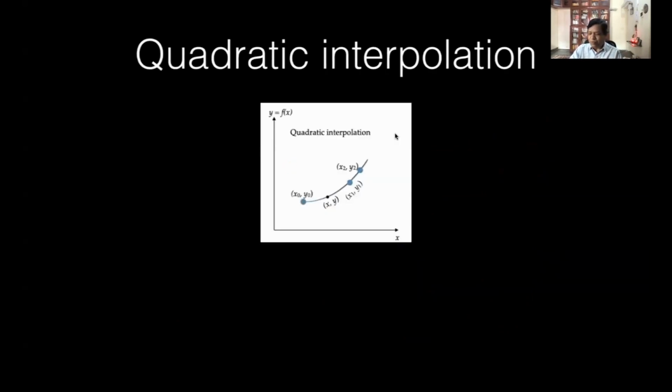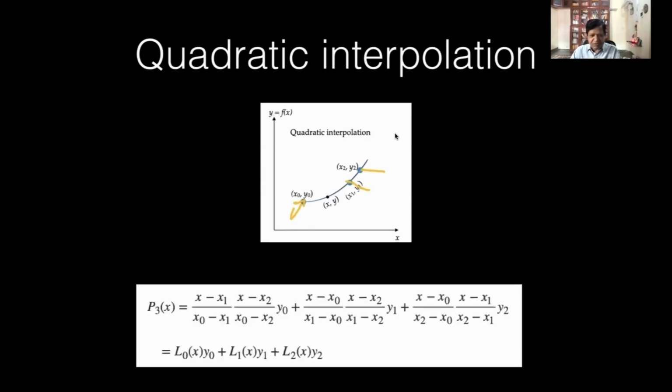Now, with 2 points we can get only a linear function, but with 3 points, here I have 3 points, we can get a slightly more complex function, a quadratic function. I'm just going to write the expression here. This polynomial P3(x), we can do by hand.